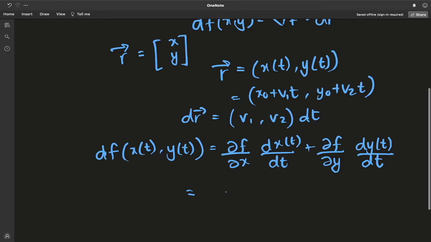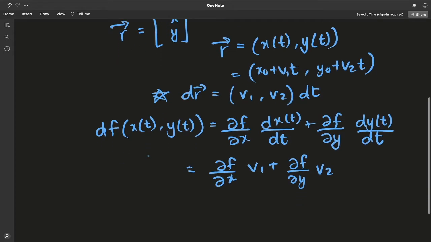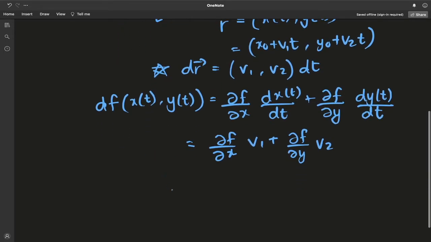Now plug everything in. We have partial f, partial x, v1 plus partial f, partial y, v2. You can clearly see this from this relation over here. Okay, you can represent this as the gradient of f dotted with the vector v.